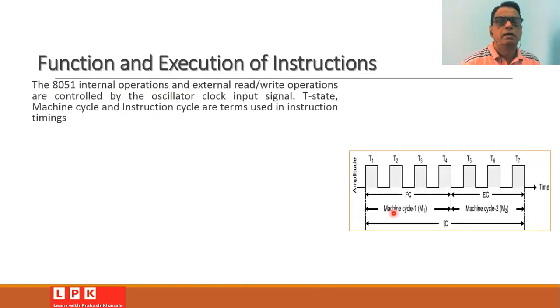Now let us understand the execution of the instruction. 8051 is a microcontroller which has internal operations, and it can also have external read and write operations. All these operations of the microcontroller are controlled by the oscillator clock, which generates continuous square pulses.